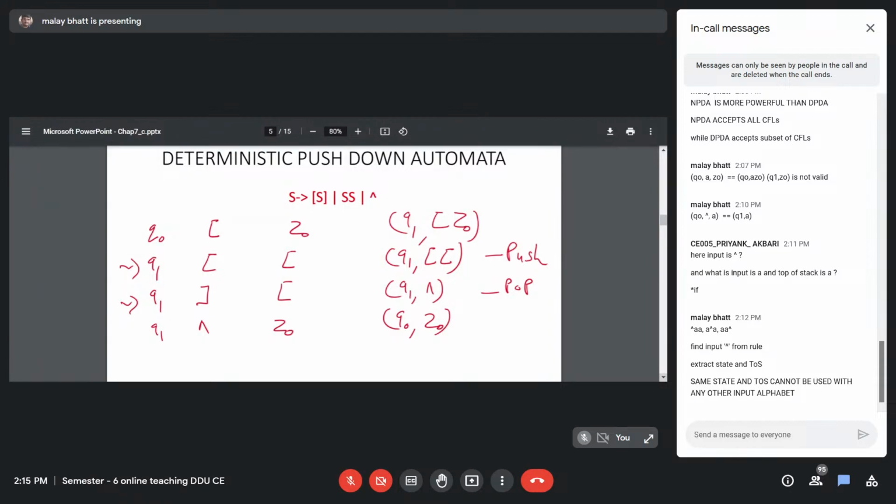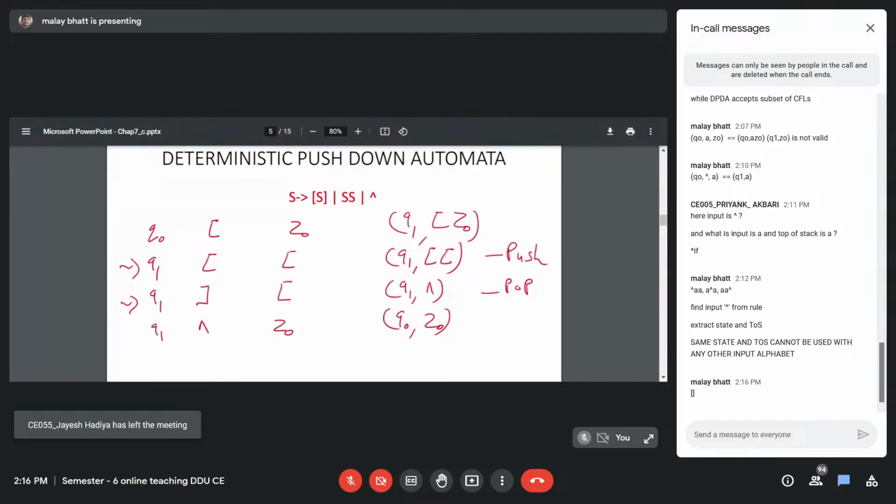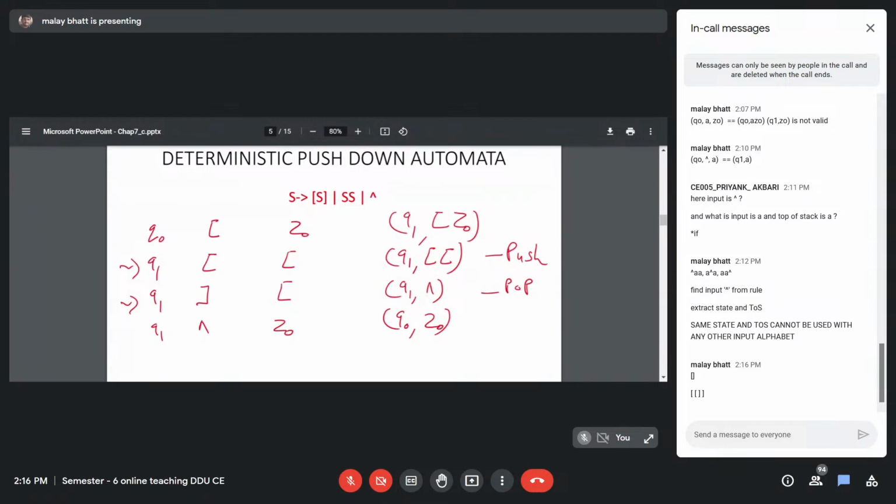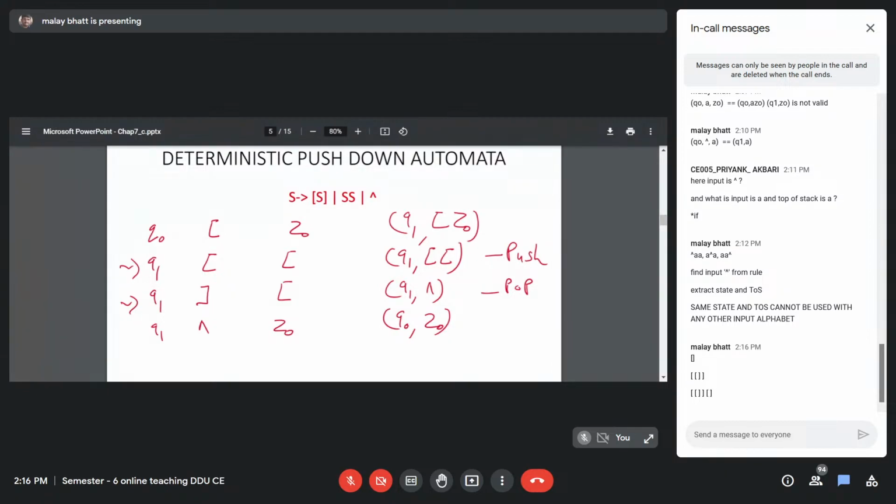We have valid examples like this. These are the valid examples of balanced strings of brackets. We can have nested brackets, and we can have a series of balanced brackets.